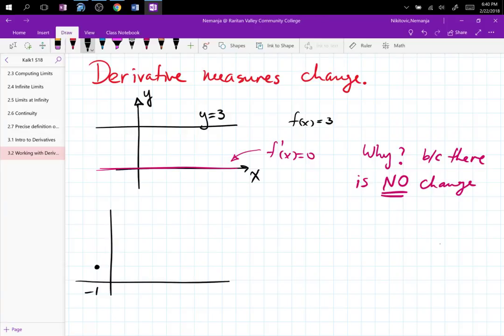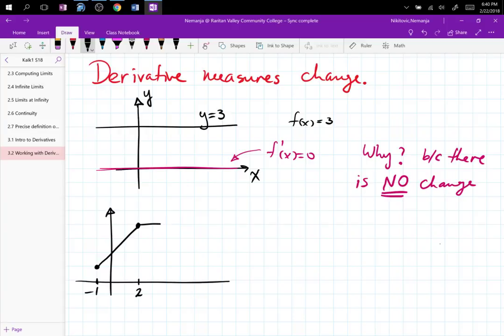I'm going to go from negative 1 to 2, a 45-degree line up.